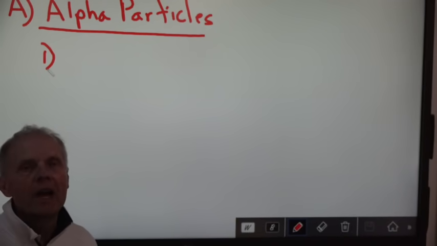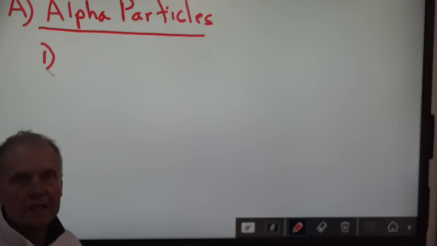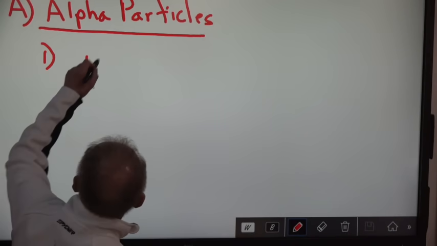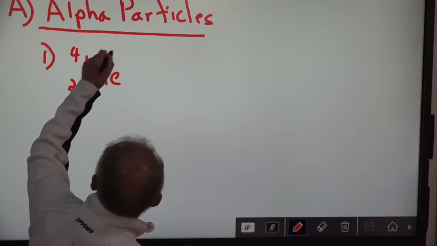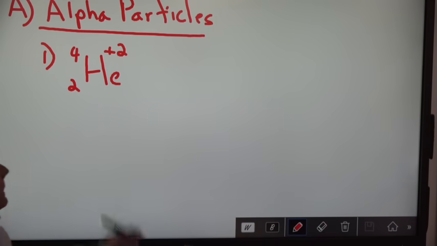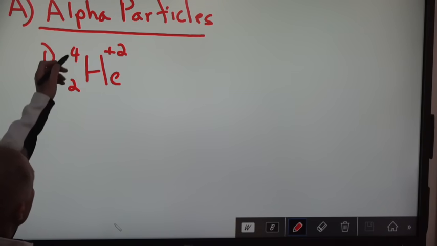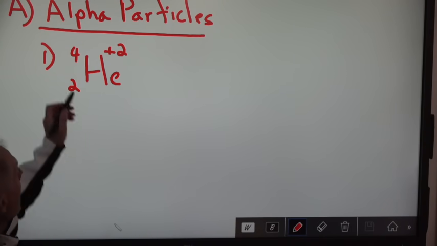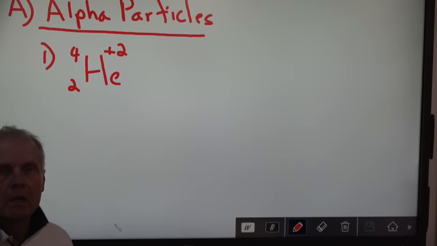Number one, under alpha particles. Here's what an alpha particle is. He-4, 2+. That means an alpha particle has 2 protons. 4 minus 2 is 2 neutrons, but it says a plus 2 up there.